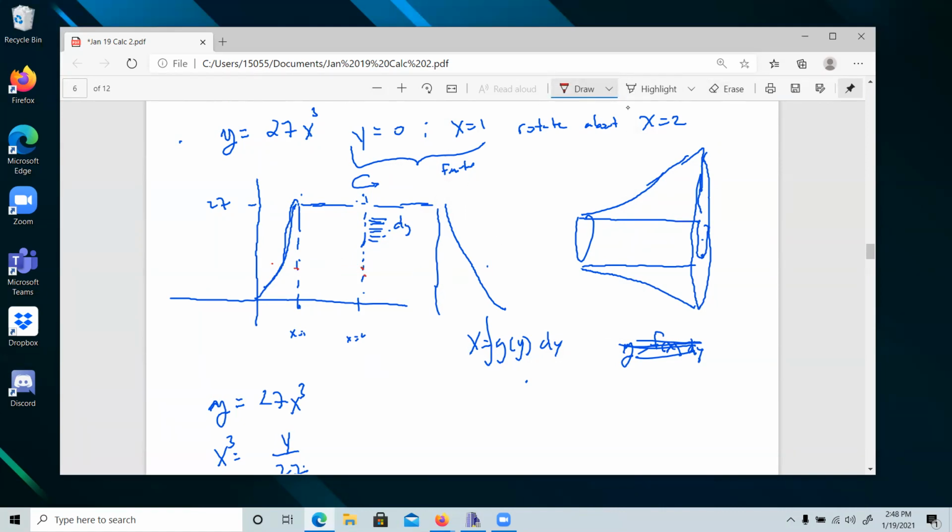It's going to be 2 minus that bit there. So this is 2 minus this curve. This radius here is 2 minus the cube root of y over 27. And that's my outside bit. It's 2 minus this thing.